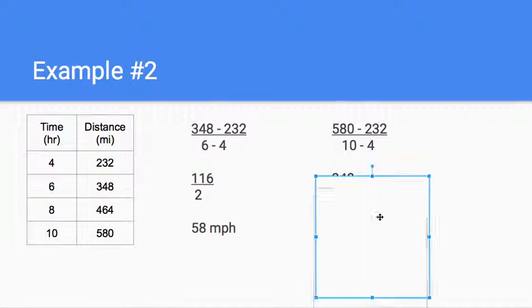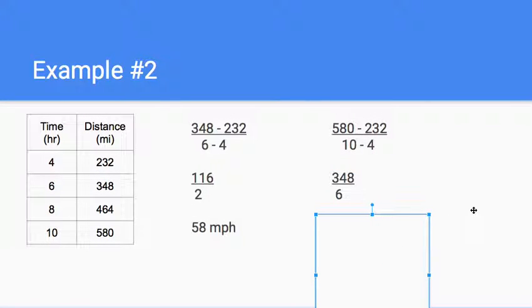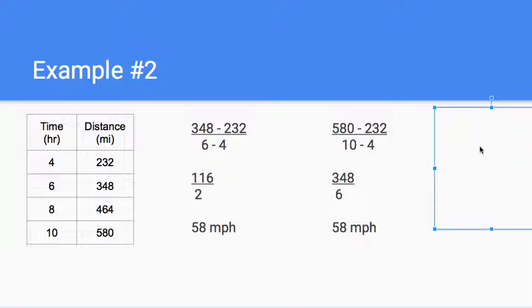It doesn't matter which two numbers you pick. Now I get 348 over 6, which again simplifies to 58 miles per hour. And if I scale this down, 58 times 4 is 232. 58 times 1 gives me my unit rate of 58. 58 times 10 is 580. This is a proportional relationship, so my equation is y is equal to 58x.